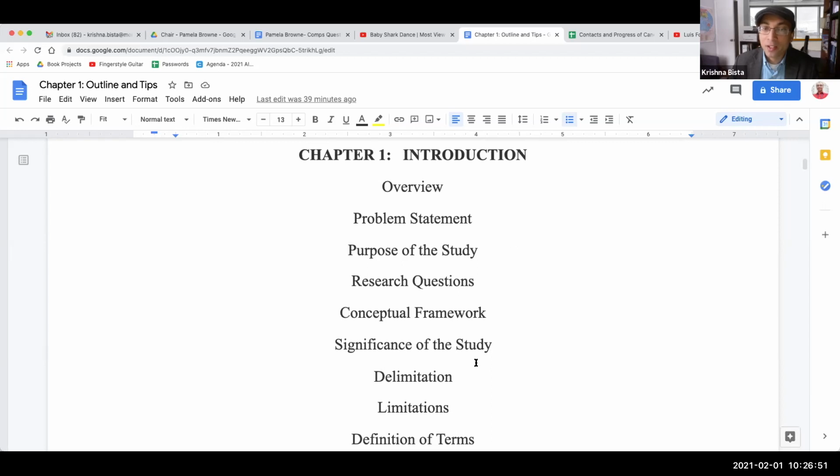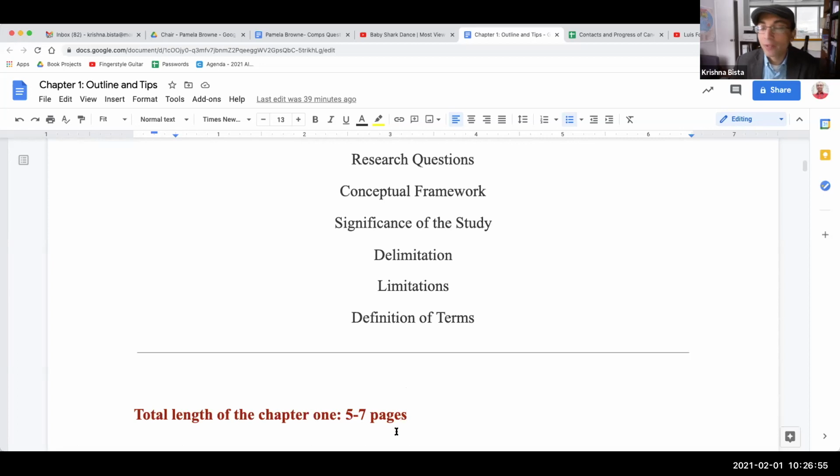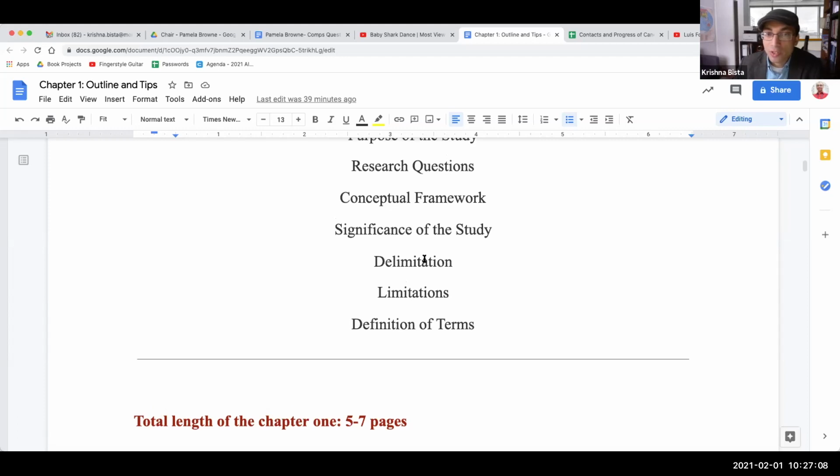In the entire chapter 1, I would say the standard length is somewhere around 5 to 7 pages. Some of you happen to write longer, which is okay. I would be okay to receive somewhere around 5 to 7 pages on each subheading. That's the total package for chapter 1. If needed, you can add later on.